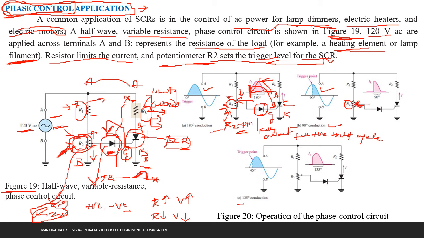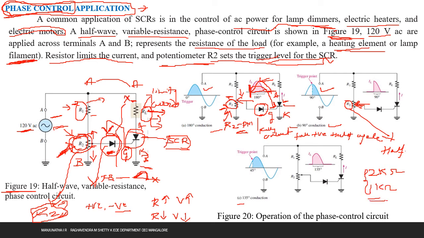Now the resistance offered by R2 is half. So if the full resistance of R2 is, let's say, 2 kilo ohm, now the resistance offered by R2 is 1 kilo ohm.